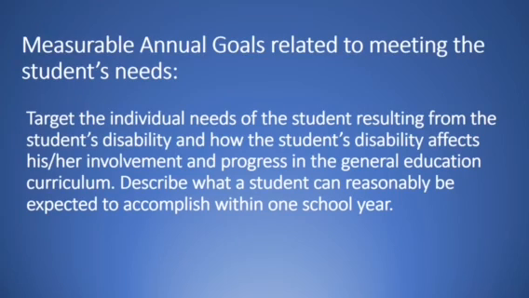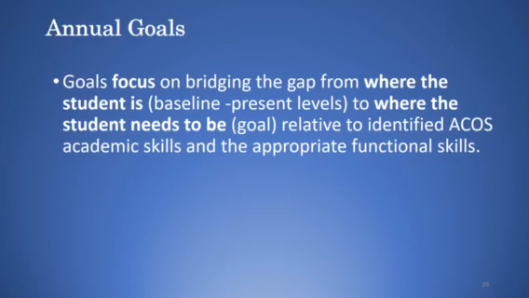Our measurable annual goals should describe what a student can reasonably be expected to accomplish within one school year. Our annual goals should focus on bridging the gap from where the student is, in other words, their baseline or present level, to where the student needs to be relative to identified Alabama Course of Study academic skills and the appropriate functional skills.